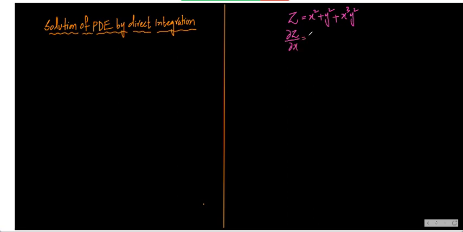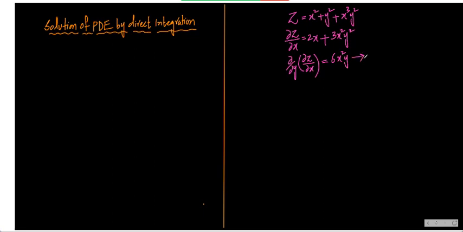2x plus 0 plus 3x square into y square, right? Now if I want to differentiate the same value with respect to y, it's y square. With respect to y, what's the answer? 0 plus x square y.